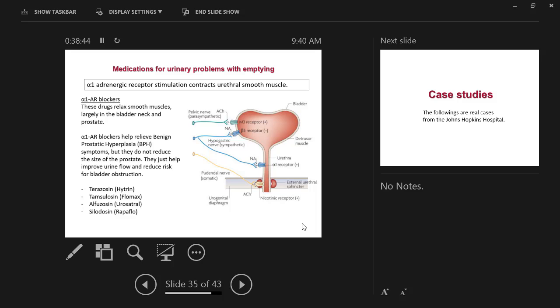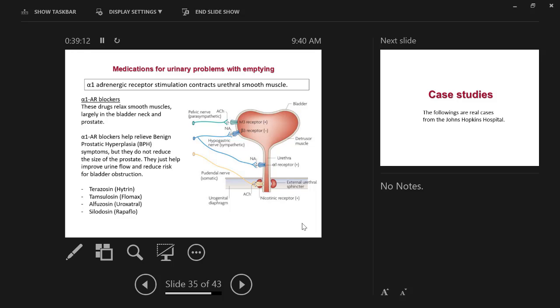By the way, alpha adrenergic receptors, once again, are expressed on vascular smooth muscle cells, right? So if you use this for the bladder problem, what would be the major side effects? Yes, hypotension, right? Because blocking vascular contraction causes vasodilation, so that causes hypotension.